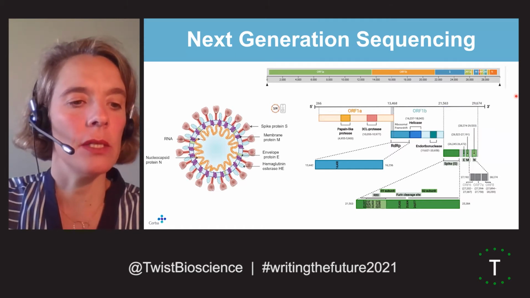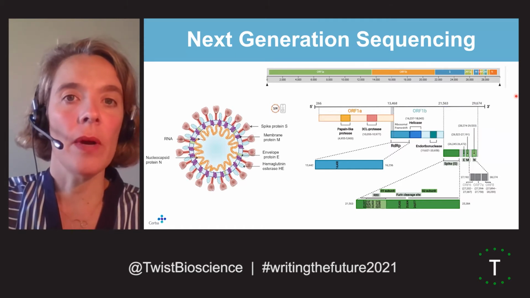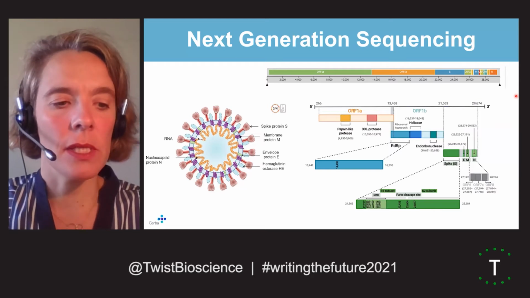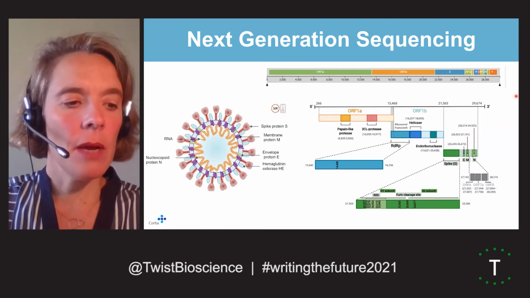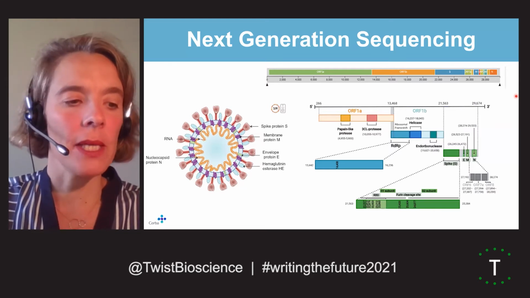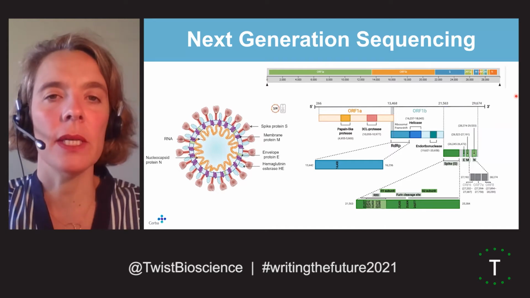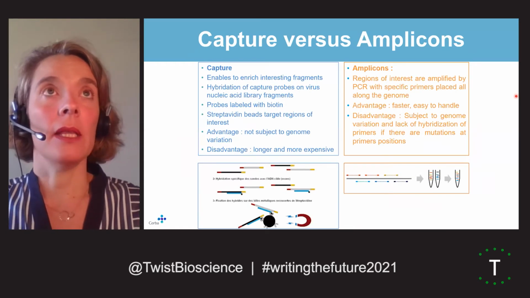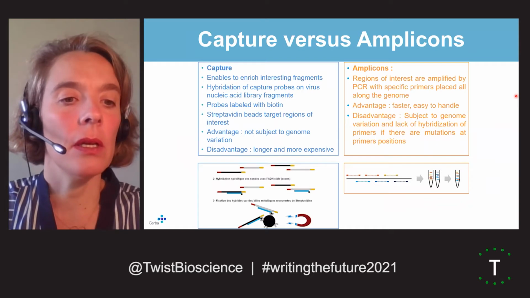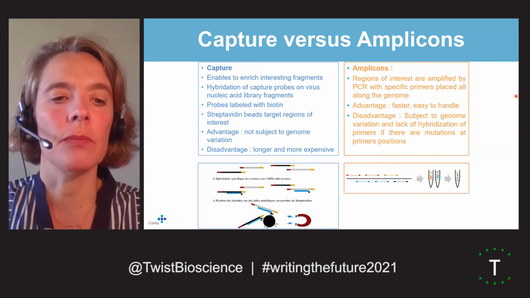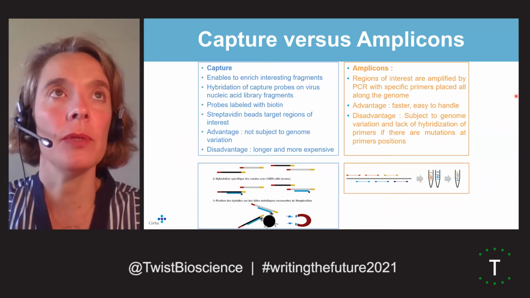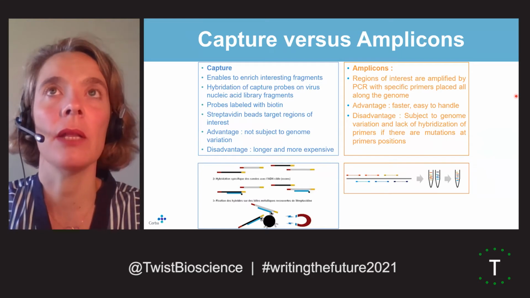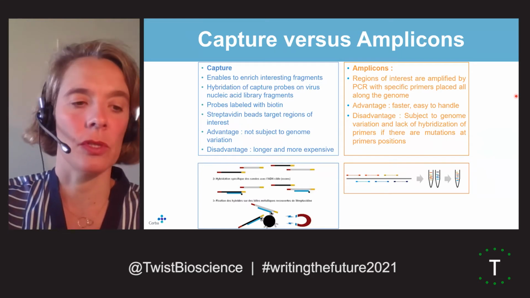Hence, getting the 29,903 nucleotides of SARS-CoV-2 genomes requires efficient sequencing strategies, enabling the retrieval of the maximum number of high-quality and full-length genomes. By next-generation sequencing, two target enrichment protocols are possible: the capture-based approach and the Amplicon-based approach.